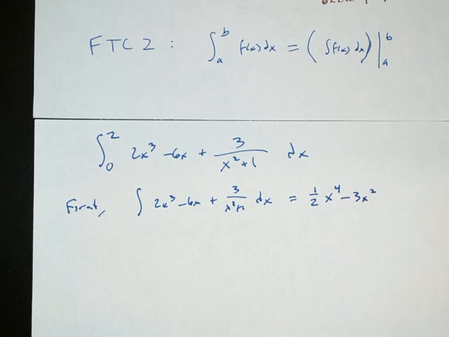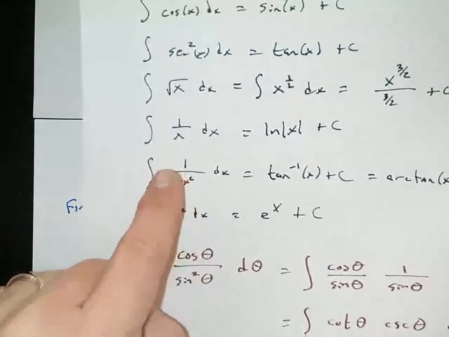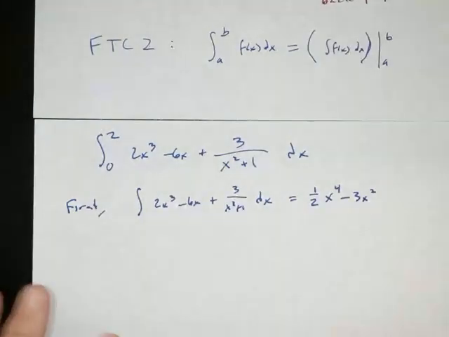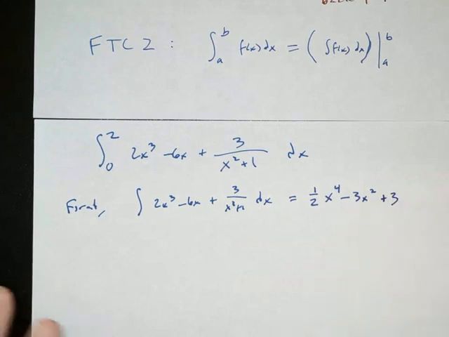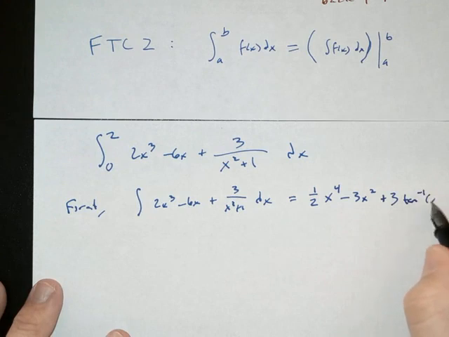I don't have a 3 over anything in my formula sheet. I have 1 over x squared plus 1. Actually, I think in the formula sheet, I wrote it 1 plus x squared. Big deal. You can add in either order. So that becomes 3 times the antiderivative of 1 over x squared plus 1, which is the inverse tangent of x.